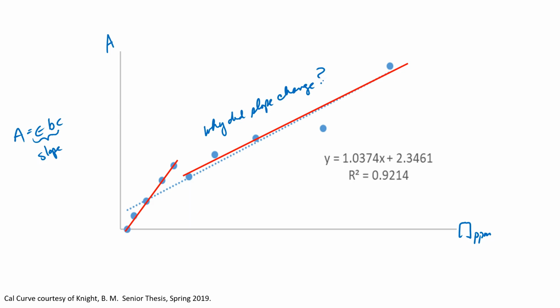If you think about what the slope is, it's the molar absorptivity times b, the path length. Well, b wasn't changing in these experiments. It must be the molar absorptivity that had changed. And that's a hard question to answer.